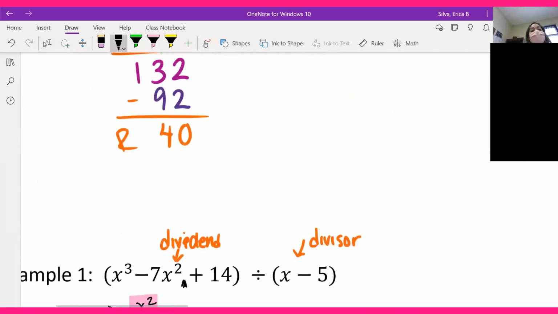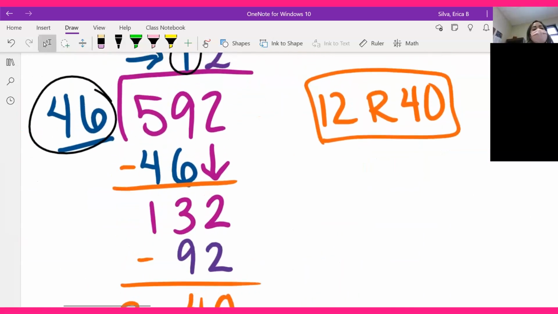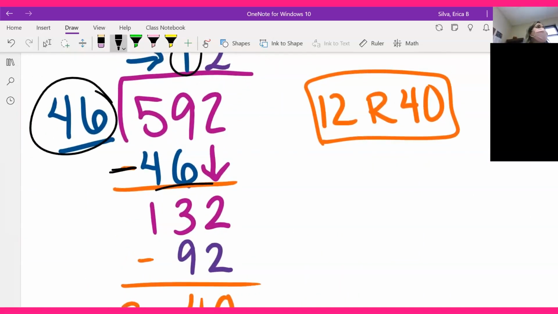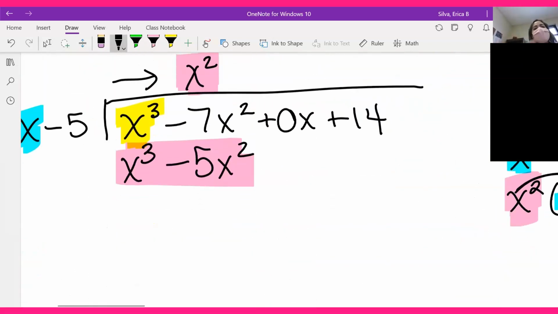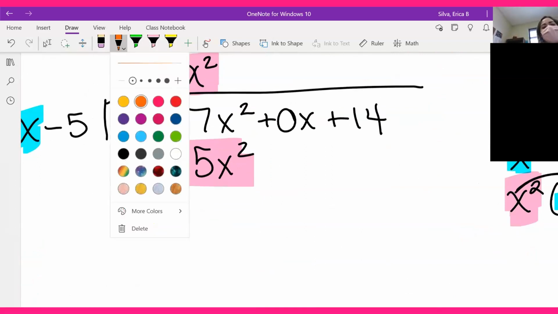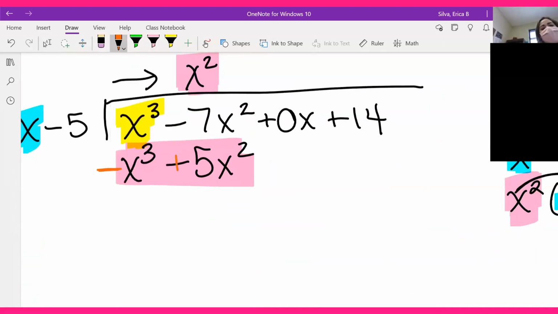All right, now over here, remember after we multiplied, we subtracted. And anytime we subtract an expression, it basically changes the sign of everything inside the expression. So over here, as soon as you write it down, you want to change the sign.